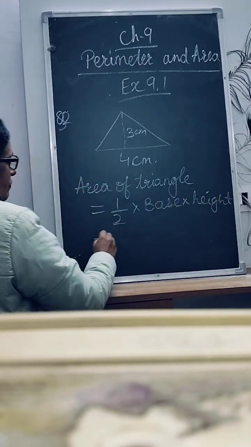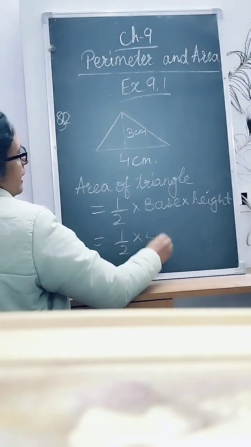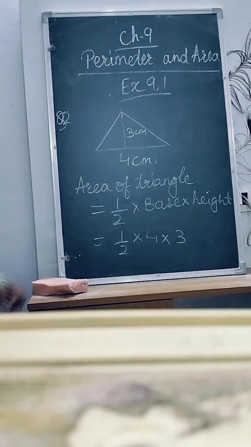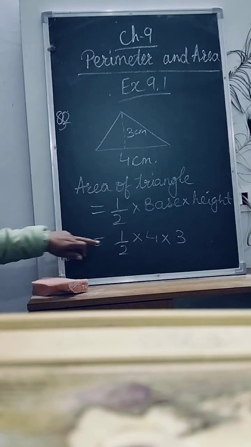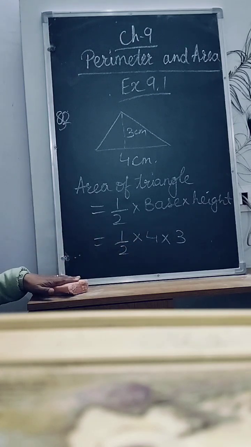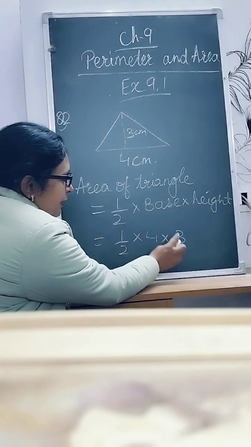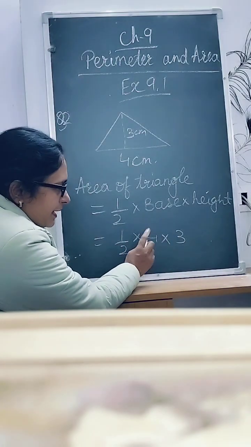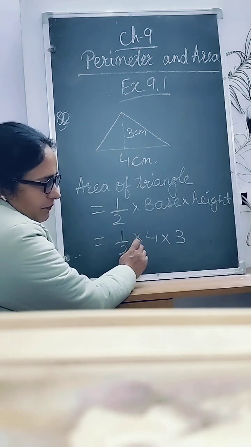Half, base is 4, height is 3. Now 2 and 4 are divisible by the same number. Okay students, don't try to cut numerator with numerator or denominator with denominator. One numerator and one denominator can be cancelled.